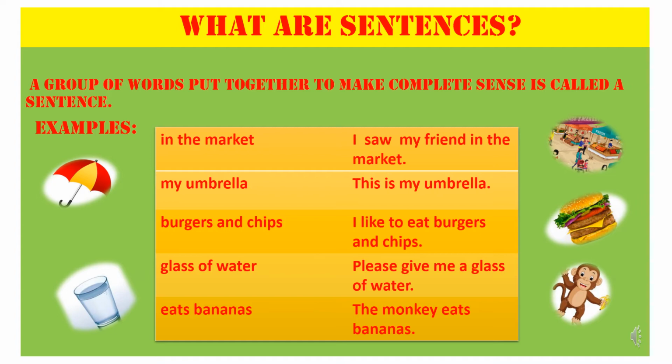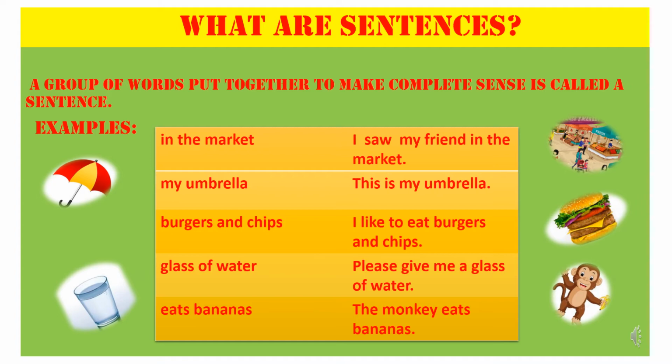What do I have to do? I have to go to the market. Did you meet somebody in the market? What do I do in the market? But if I say, I saw my friend in the market, immediately you will understand that ma'am is telling me that she met her friend in the market.